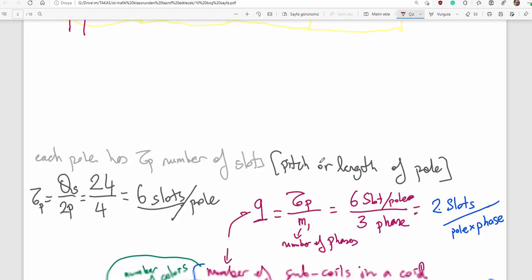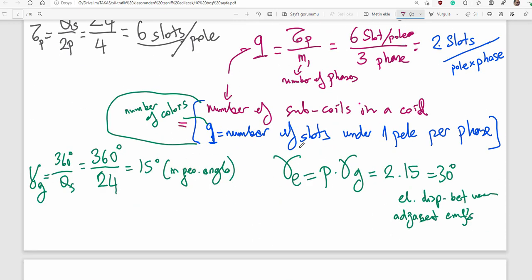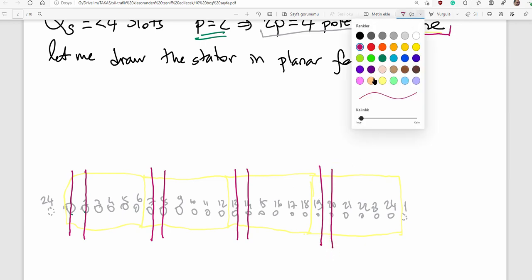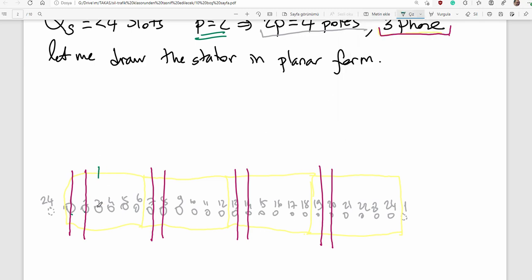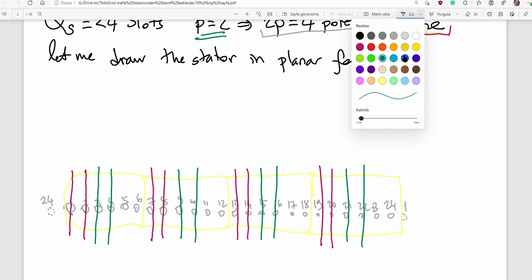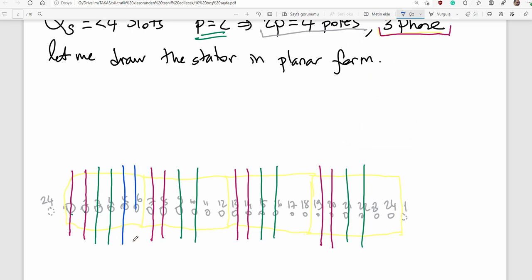Since Q is 2, the number of colors or subcoils is 2, I write 2 and then another 2, another 2, and then change color for the second phase. Those are the second phase coils. Those are coil sides. And then choose the third color, third phase coils.